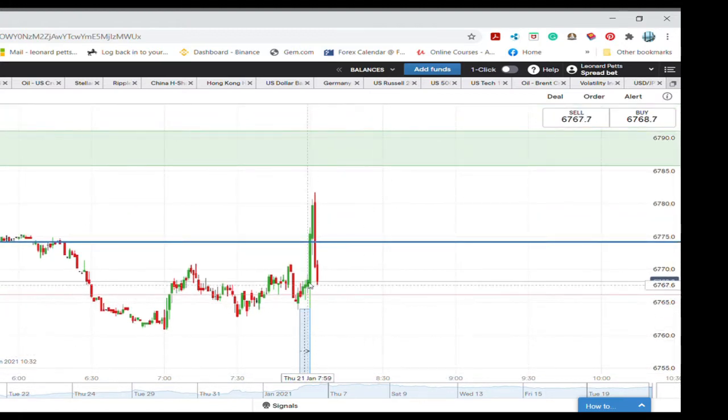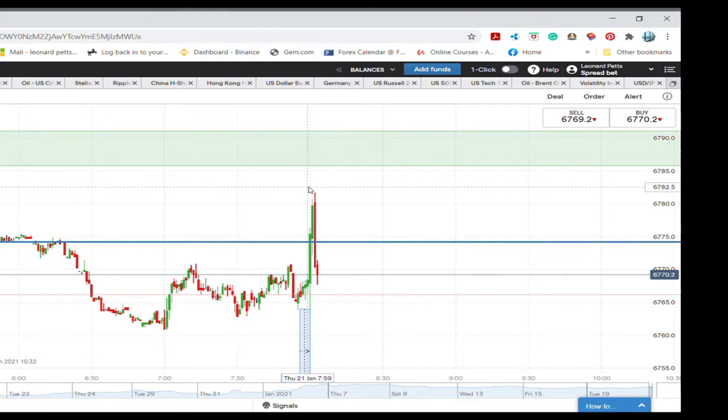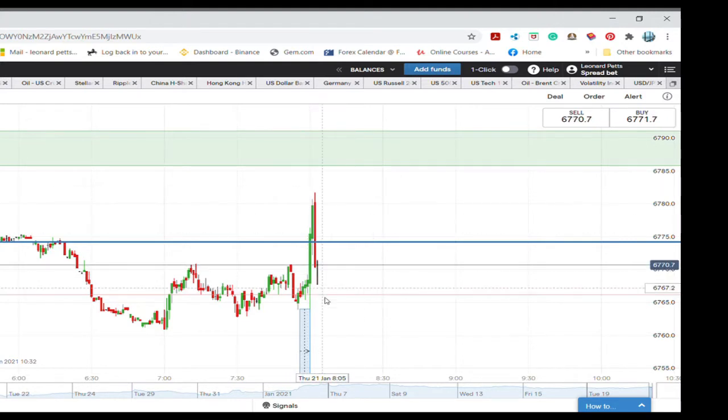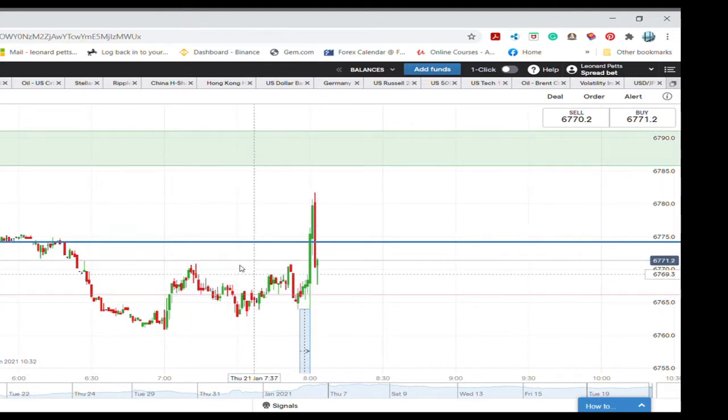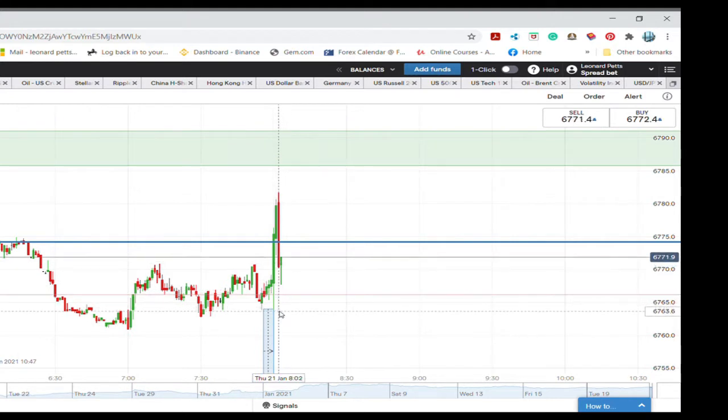So I'm going to put my stop just above here once we close below the first minute candle.